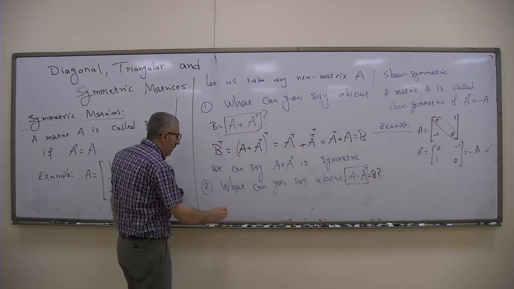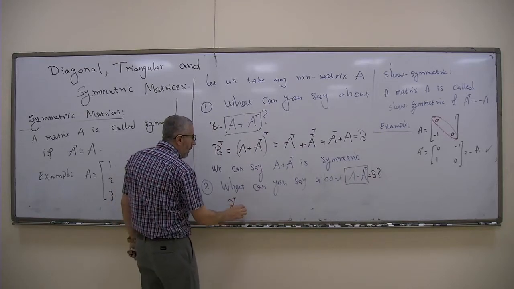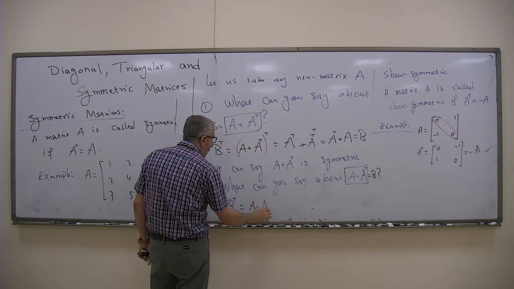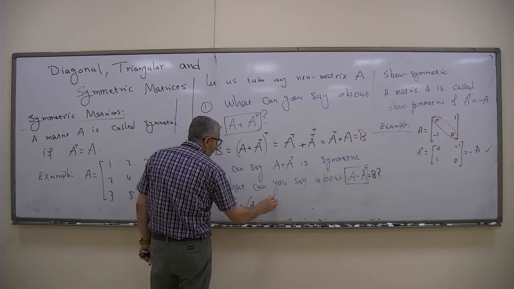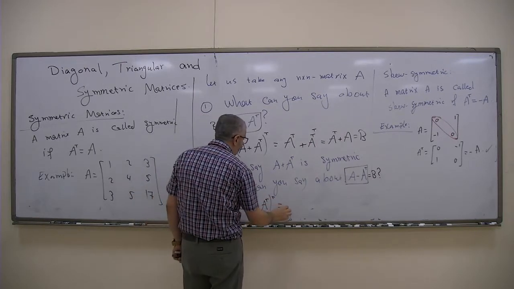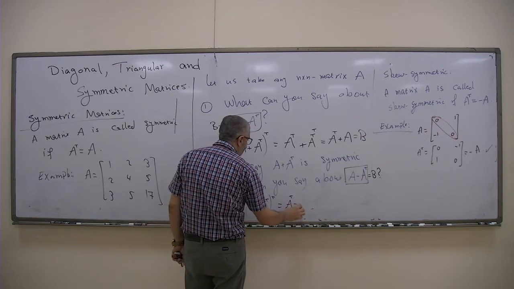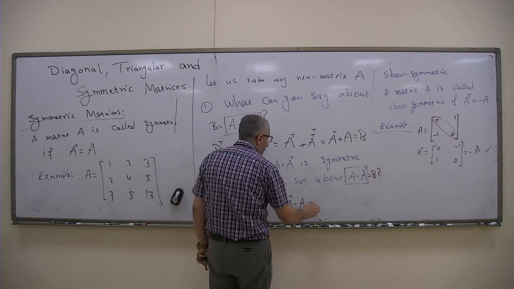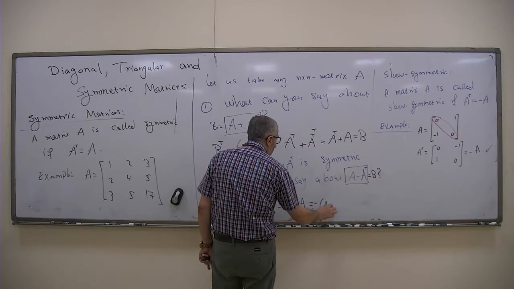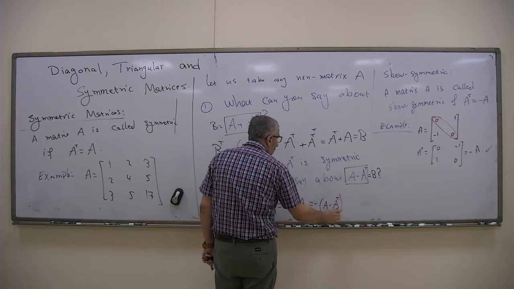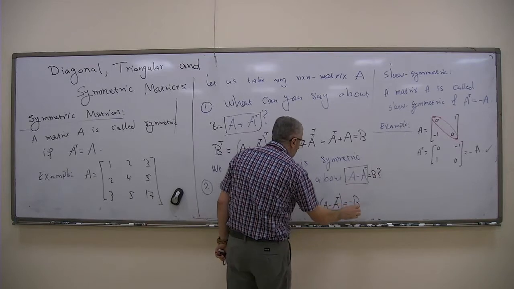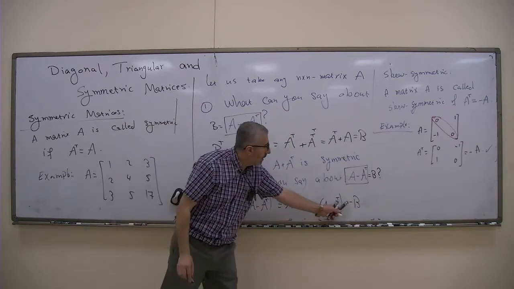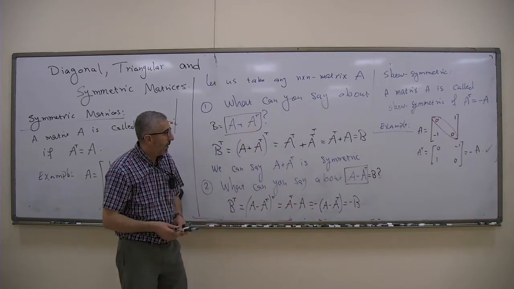Well, let's see here. B transpose is going to be A minus A transpose, all transpose. And that is going to be A transpose minus A. And that is going to be negative A minus A transpose. And that is negative B. So B transpose is negative B. Correct?